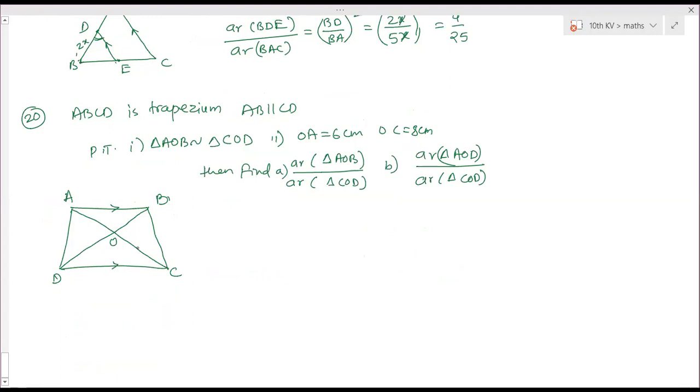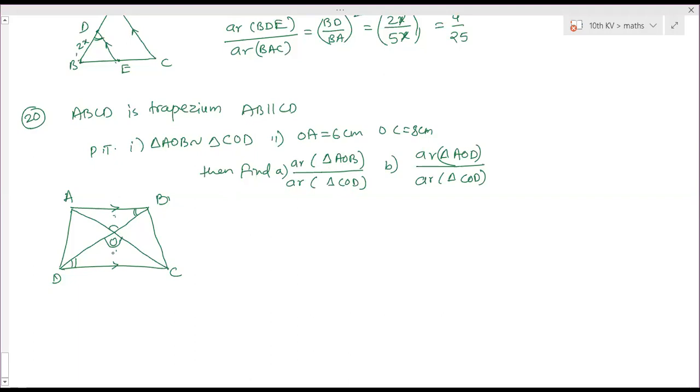Can you prove that they are similar? Ma'am, angle ABO is equal to angle DCO, sorry, CDO, and angle AOB is equal to angle DOC by vertically opposite angles. Right, so these two triangles are similar. That's what we have proved.